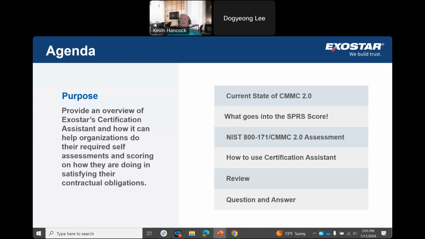As part of that, the tool itself will generate the SPRS score. I'll show you where to get that. We'll then do a quick review, and we'll answer any questions that were either submitted via email before the session. I think I got 11 questions that were submitted prior when people registered. And then again, I'll cover any that came in the chat as time allows.